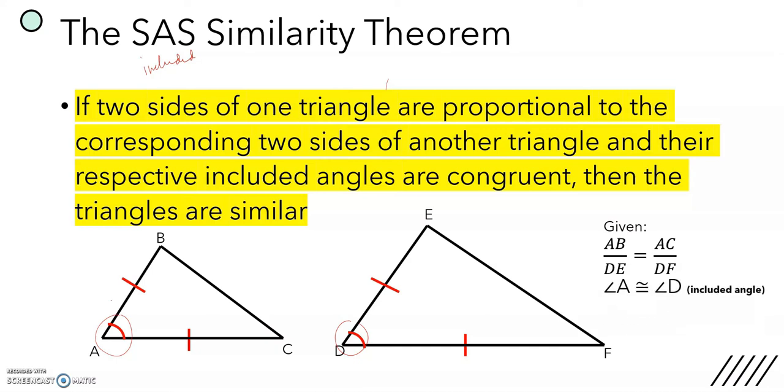And the included angle is angle A is congruent to angle B. So this is our first S, this is our included angle, and this is the second S. So then, we can say that triangle ABC is similar to triangle DEF.